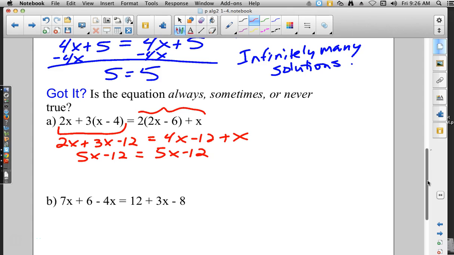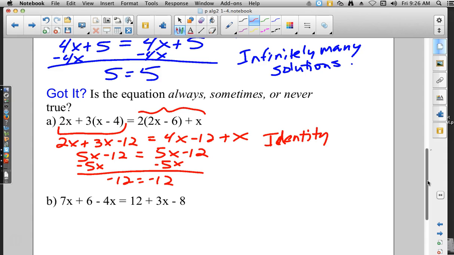And you actually could stop right now knowing that absolutely that's going to be true, or you could take that additional step and see that negative 12 in fact does equal negative 12, and either write the identity or infinitely many solutions. Either one of those would be correct.